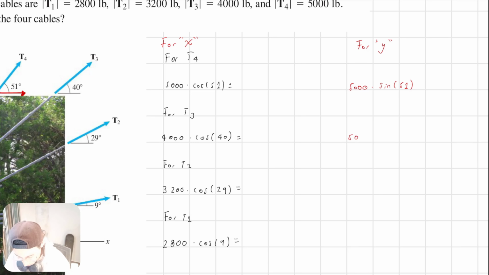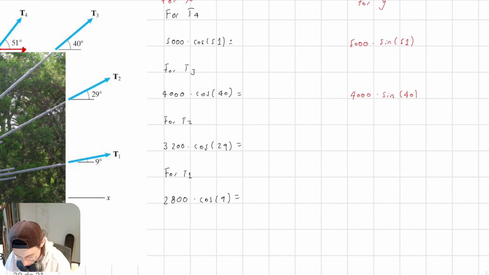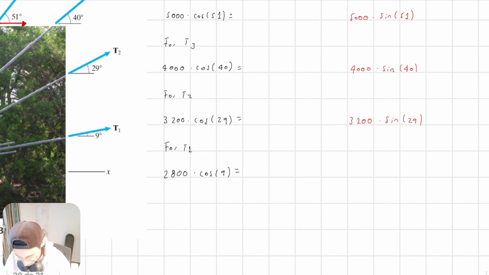The same thing goes for this. 4,000 times the sine of 40. 3,200 times the sine of 29. Finally, 2,800 times the sine of 9.